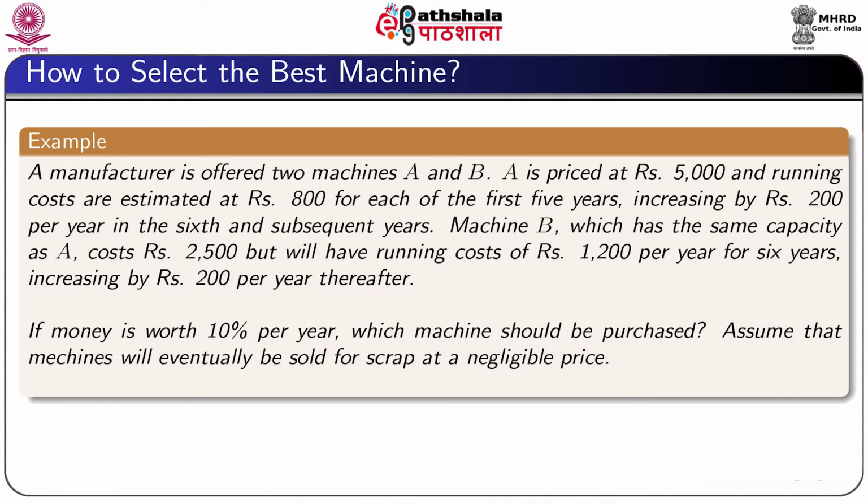Let us take an example and see how we can select the best machine from the two machines, say A and B. A manufacturer is offered two machines A and B. A is priced rupees 5,000 and running costs are estimated at rupees 800 for each of the first 5 years, increasing by rupees 200 per year in the 6th and subsequent years.